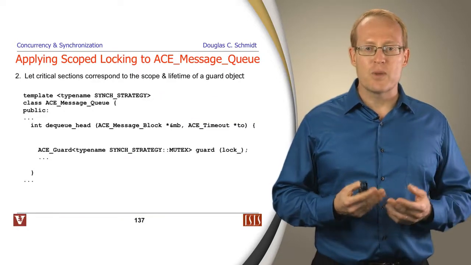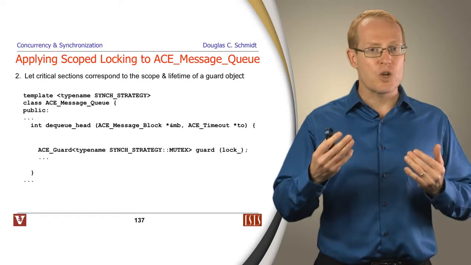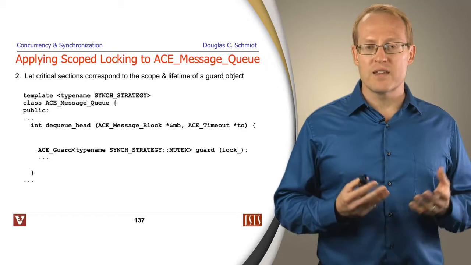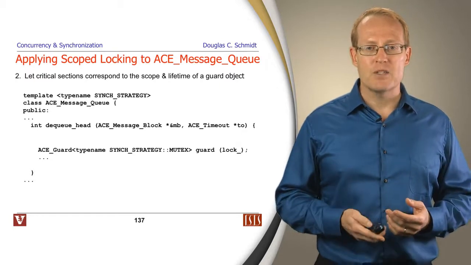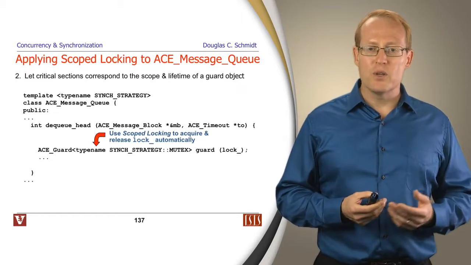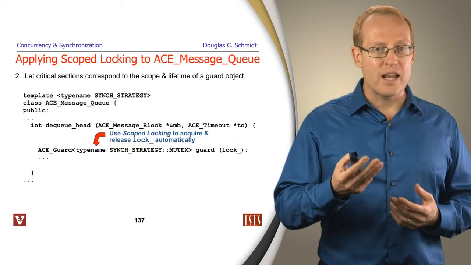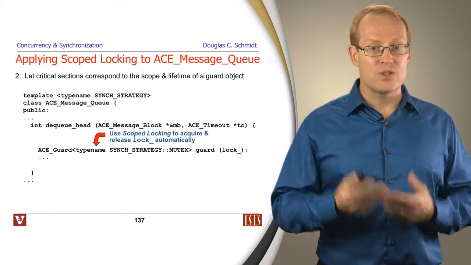The next thing we do is let the critical sections correspond to the scope and lifetime of these guard objects. Here's an illustration using the DQ head method that we had in the message queue from before. Now when we come in, we use the scoped locking pattern to automatically acquire the lock in its constructor.